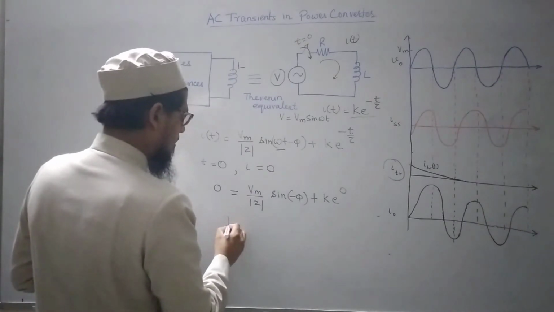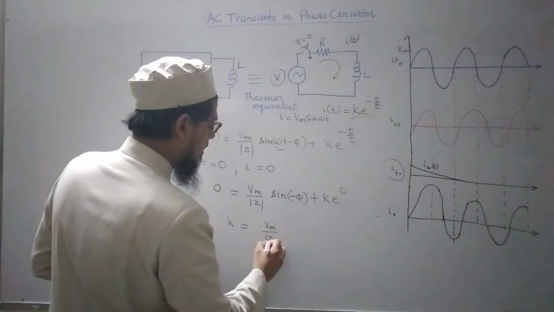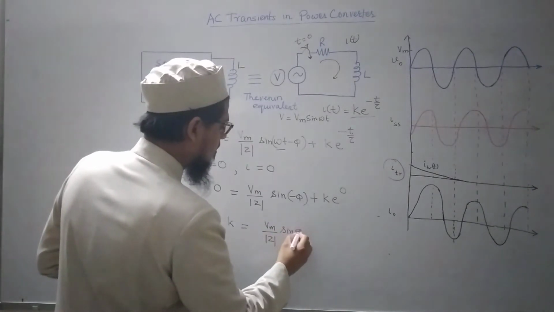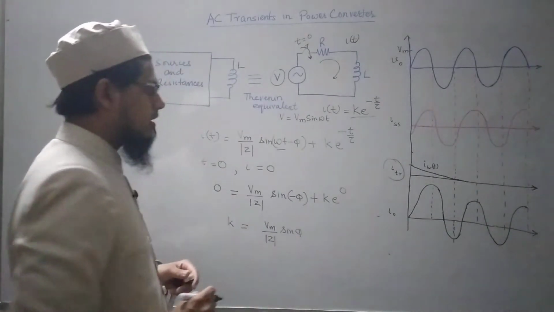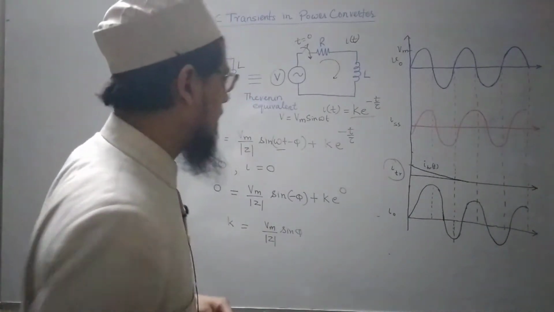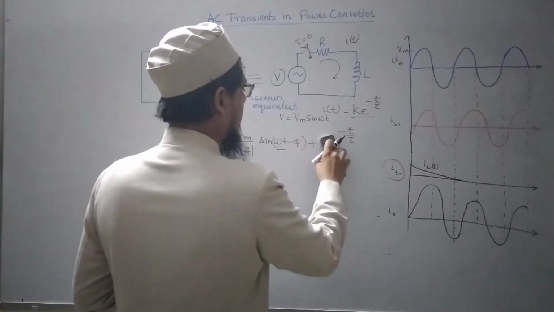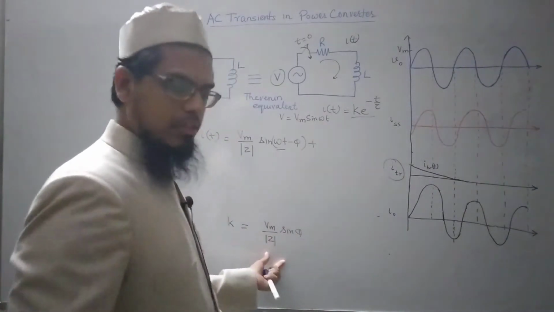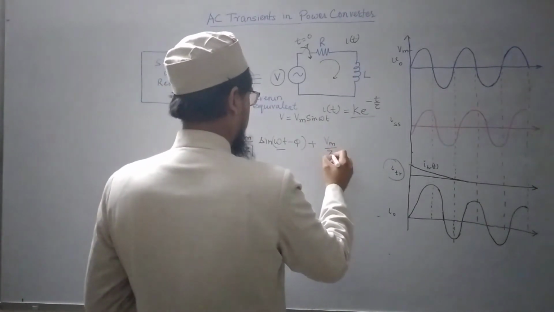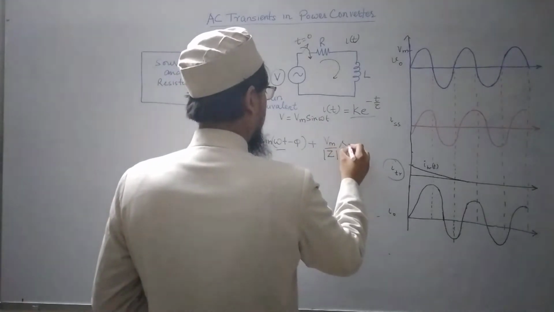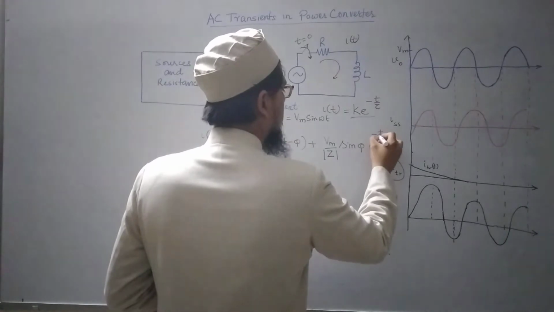So I can get the value of k equal to Vm by Z sine phi. So finally I can write down the expression for the current by just replacing this k here with this value, which is Vm by Z sine phi e to the power minus t by tau.